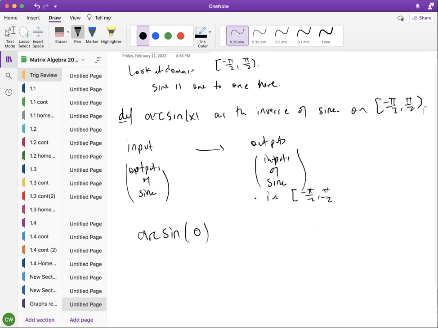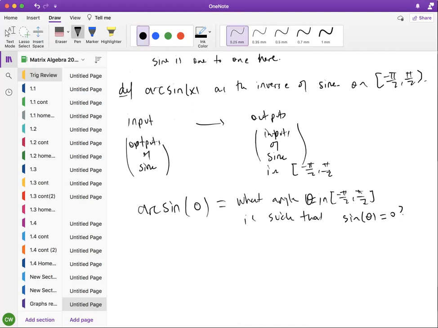So when I say arc sine of 0, what I'm saying is what angle in negative pi over 2 to pi over 2 is such that sine of that angle is equal to 0. There's only one angle in this interval where sine of the angle is 0. So arc sine of 0 must be 0. 0 is the only angle where sine is 0 in the interval negative pi over 2 to pi over 2.